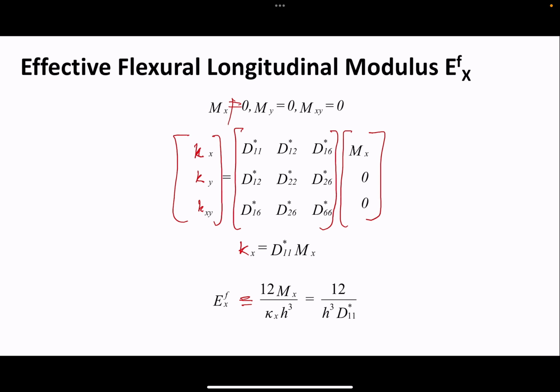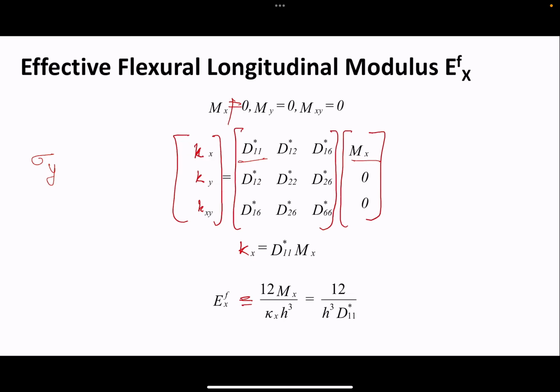Okay, so moving on. To get the flexural longitudinal modulus, we do the same thing that we did this morning. We apply a non-zero moment about just the x-axis. The rest of it is 0. So if you write from the matrix, kappa x equals d11 star multiplied by Mx. This comes from the bending stress formula.